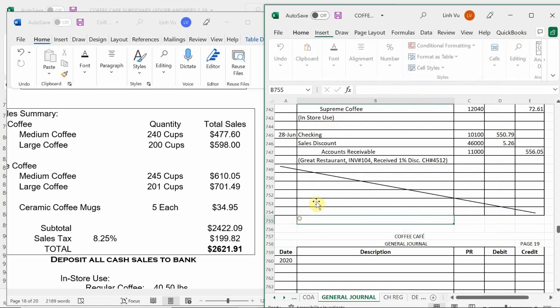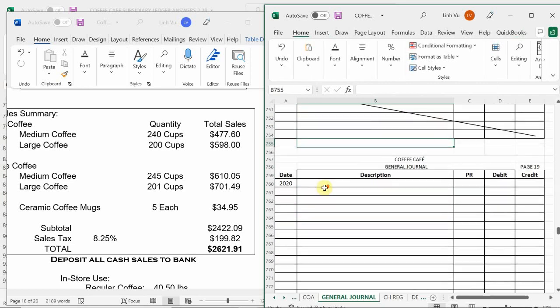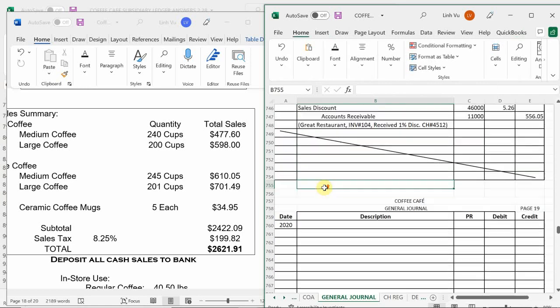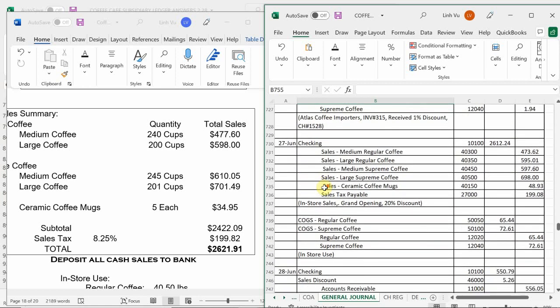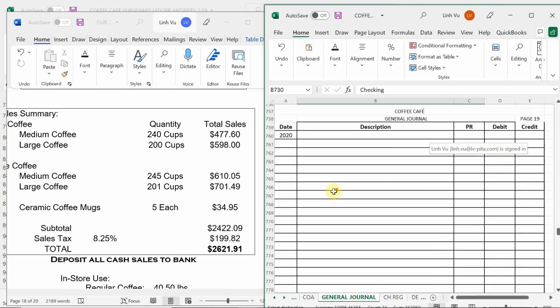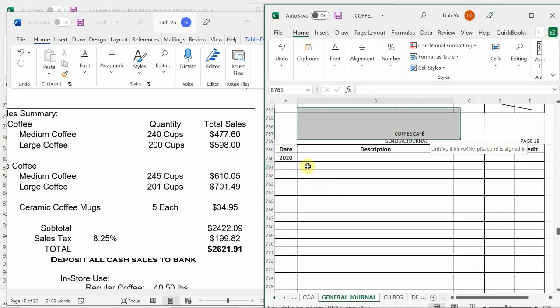Okay? Now we're going to start on page 19 of our journal for our daily sales. So we just recently did a daily sales right here. So I'm going to copy and paste this into the next general journal page here.